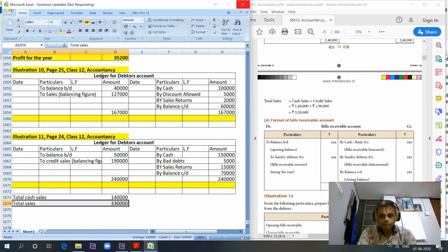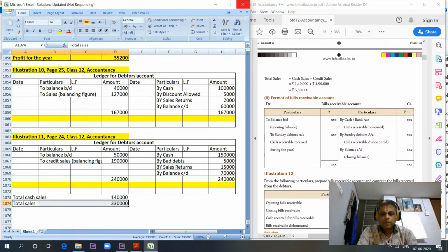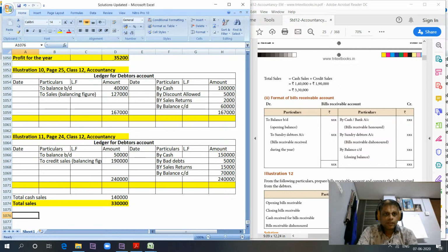Bills receivable account is again one form of total amount that we need to receive from the customers. We discussed in an earlier class what bills receivable is. Debtors are converted into bills to be paid after a specified time. The bills can be discounted at the banks as well, and the money has to be paid by the customer to the bank at the end of the agreed term.